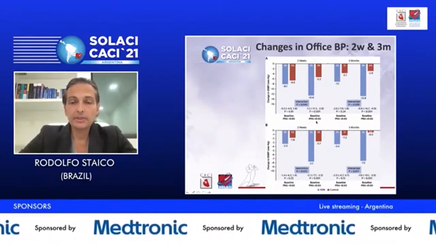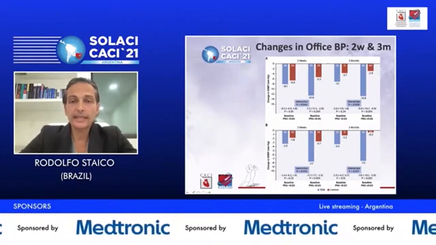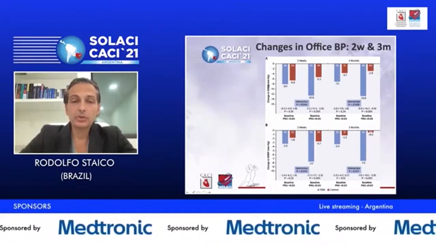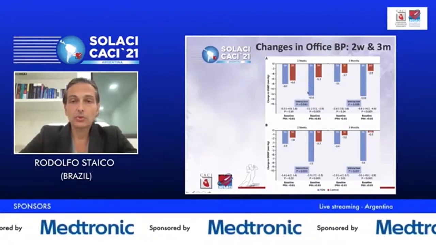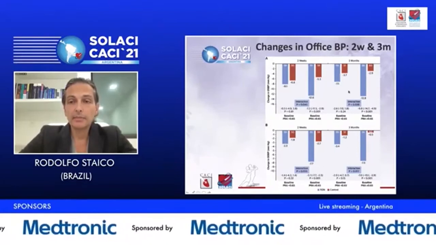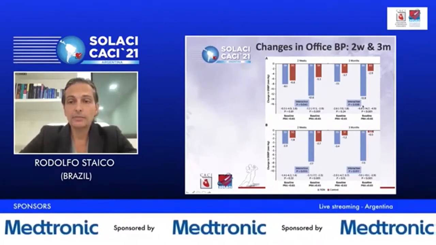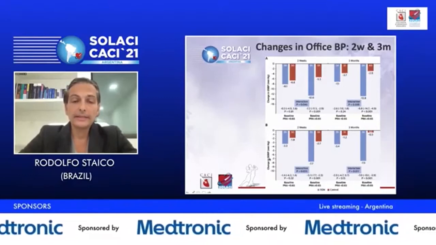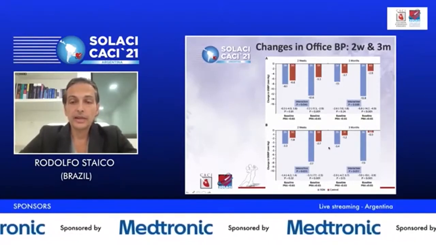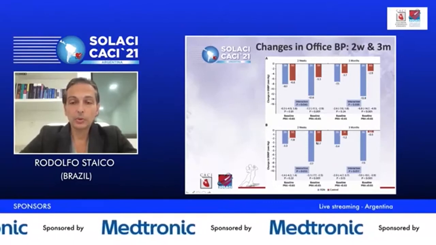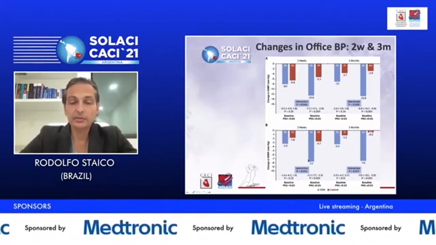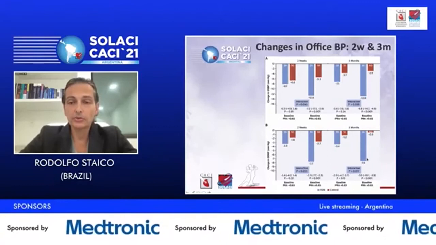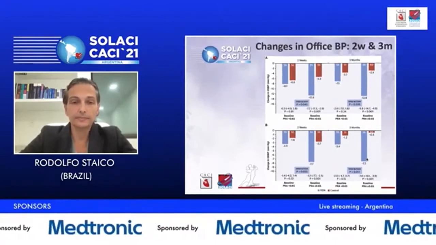Renina mais elevada, acima de 0,65, redução significativa da pressão sistólica em consultório já às 2 semanas, que manteve o resultado aos 3 meses de segmento. A mesma coisa em relação à pressão diastólica, aqui no gráfico abaixo. Com 2 semanas, já uma redução significativa dos níveis tensionais, mantidos aos 3 meses de segmento.